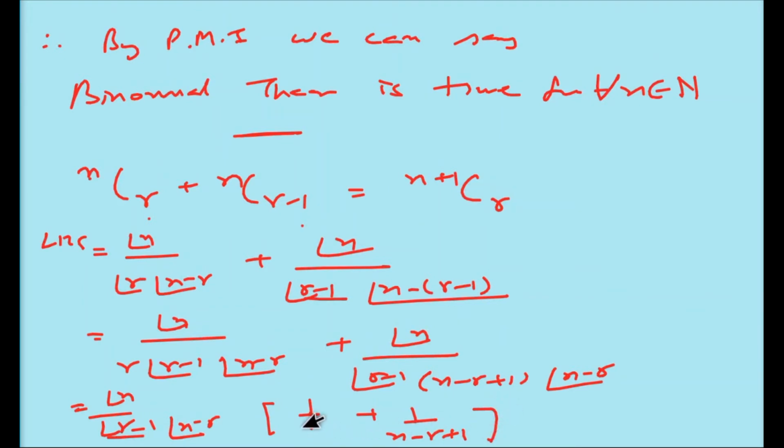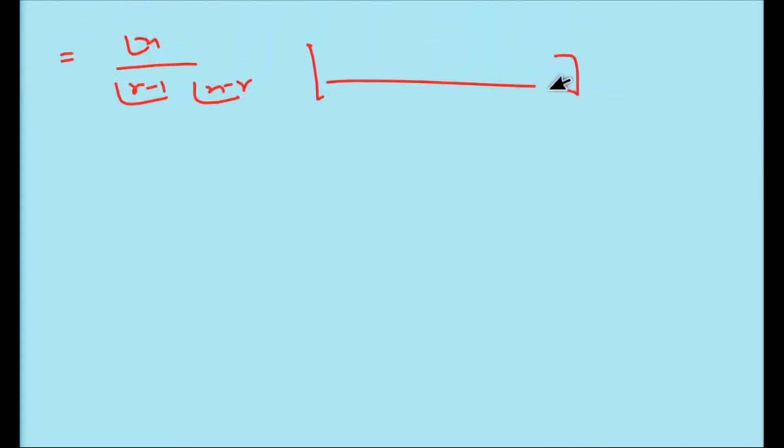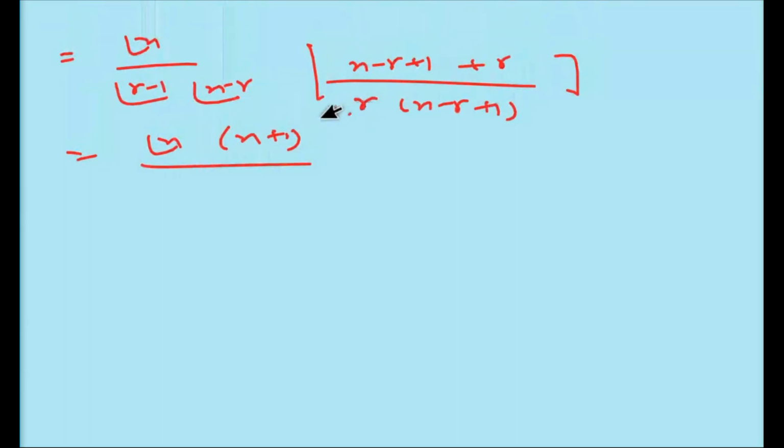Okay, now take the LCM here. What do we get? We can find r times n minus r plus 1, and in the numerator n minus r plus 1 plus r. So what we get here is factorial n. This r is cancelled, we get n plus 1, and this r can be written with this, and this value can be written with this.